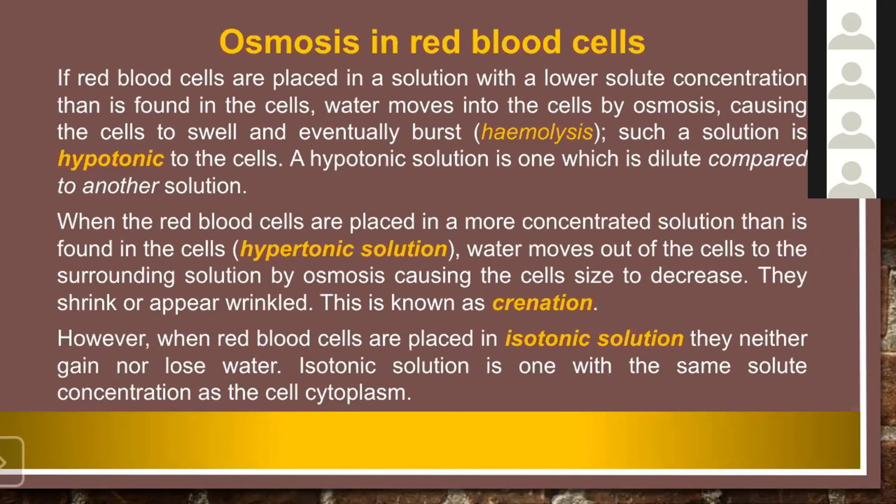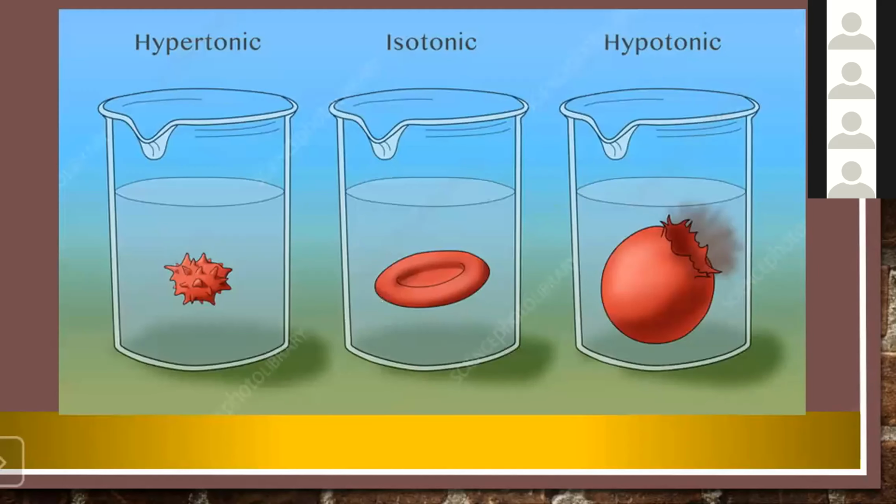Then isotonic solution has a similar concentration to the tissues or the cells that are placed in it. Therefore, a tissue that is placed in an isotonic solution has no net movement of water molecules, meaning that the number of water molecules moving from the surrounding solution into the tissue is the same number that will move from the tissue into it.